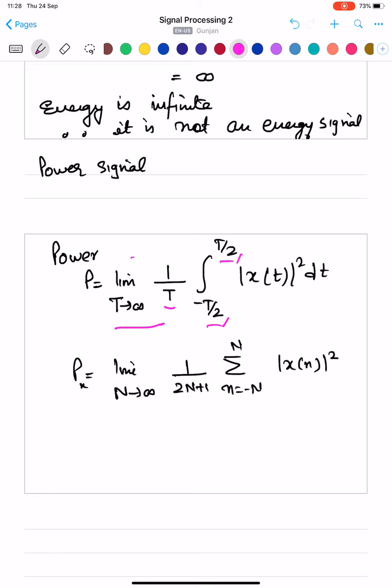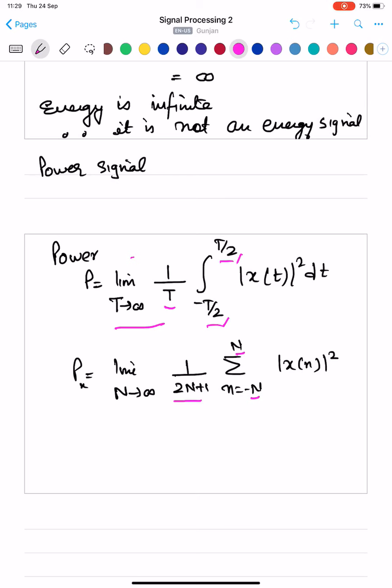So here in the discrete time domain, we are basically adding from minus N to N. In order to find the power, you have to divide the energy by the total number of points which you are adding.